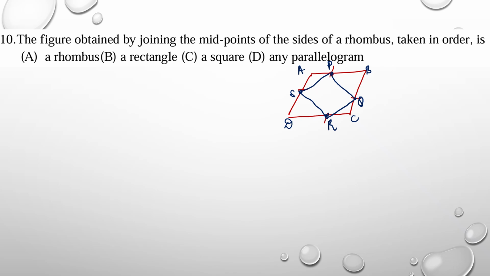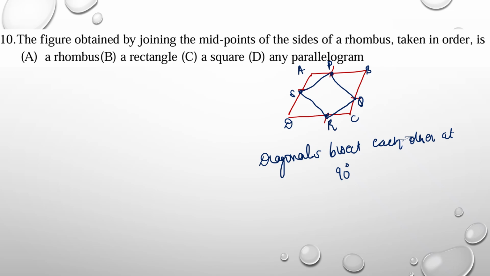Now rhombus की हमारी एक property होती है that diagonals bisect each other at 90 degree. So we can say AC and BD are perpendicular bisectors and S, P are midpoints.